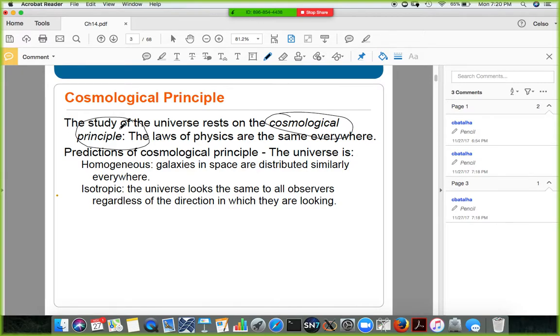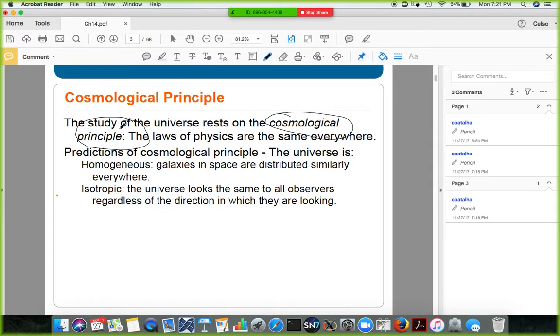And then the homogeneous universe states that if you go to another locale, another place, and you do the same exercise, certainly on a larger scale, on the scale of several hundreds of millions of light years, you find the distribution of galaxies is basically the same.